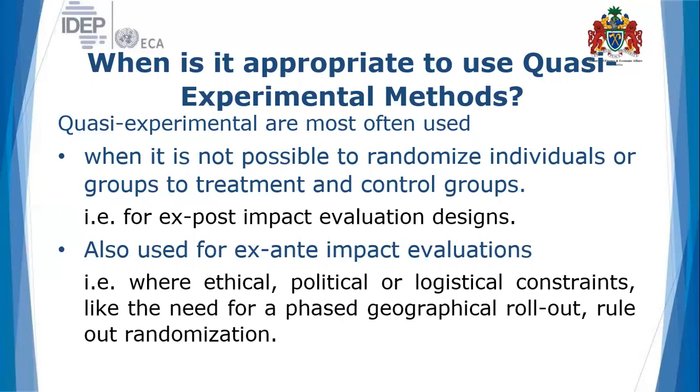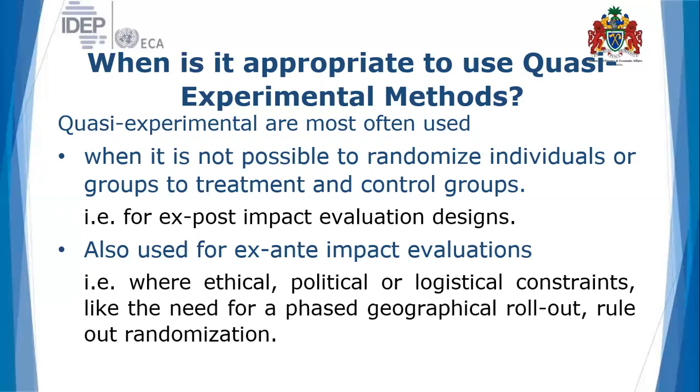When is it appropriate to use quasi-experimental methods or designs or techniques? Quasi-experimental designs are most often used, one, when it is not possible to randomize individuals or groups to treatment and control group. That is for ex post impact evaluation designs, for example.